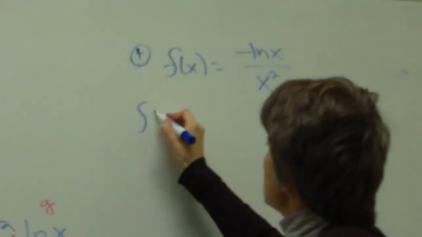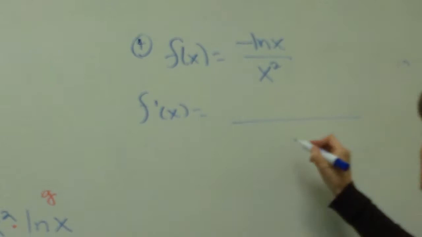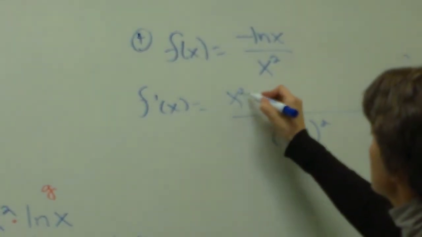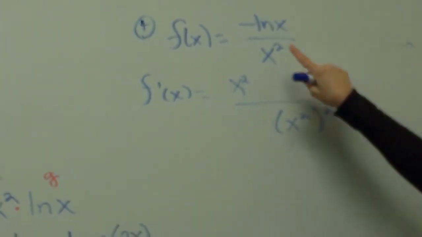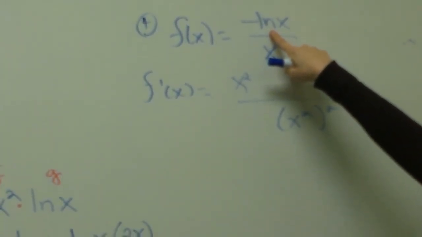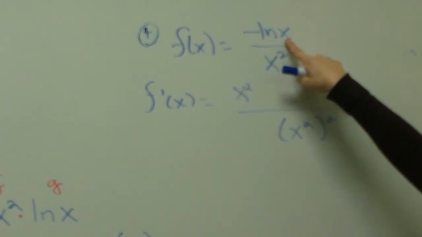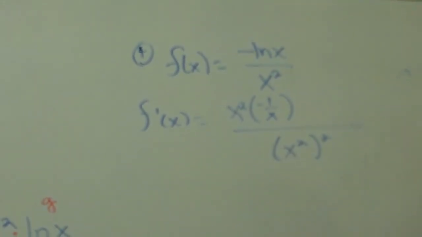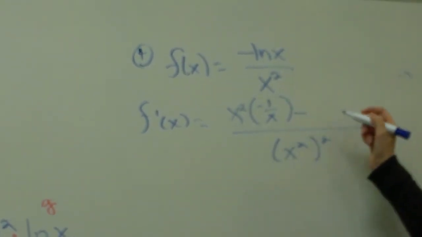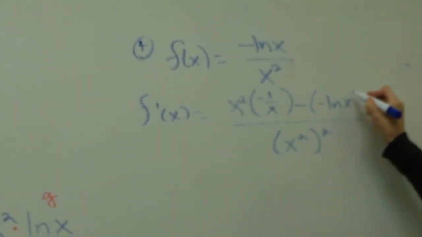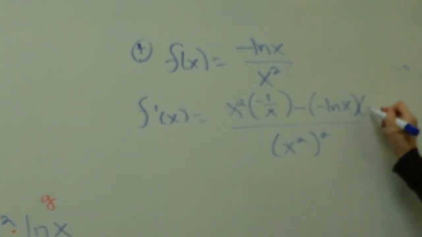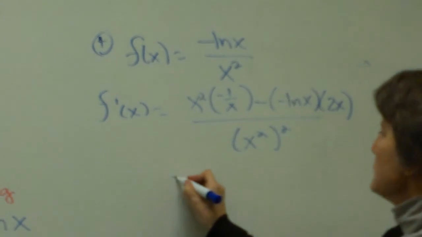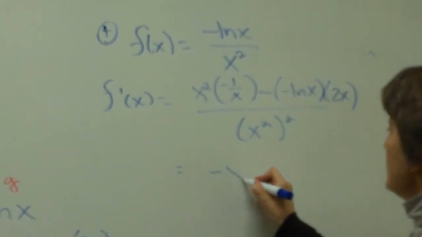The quotient rule says square the denominator, start with the denominator, times the derivative of the numerator, which we know the derivative of ln of x is 1 over x, so this is going to be negative 1 over x, minus the numerator times the derivative of the denominator, which is 2x. So simplified, this is going to multiply to negative x this time.